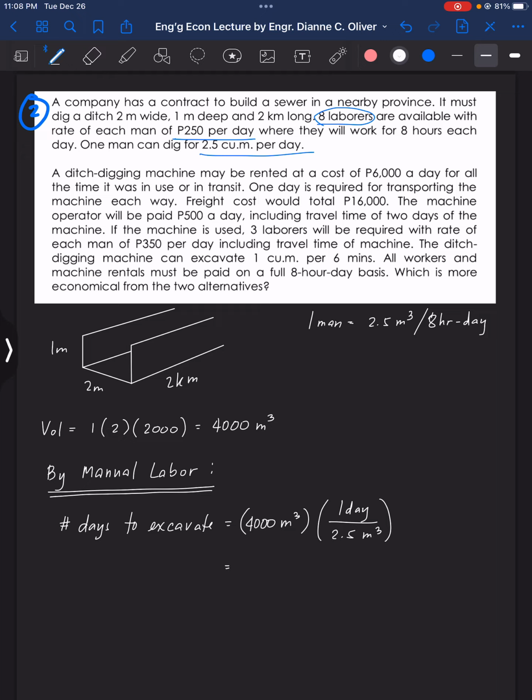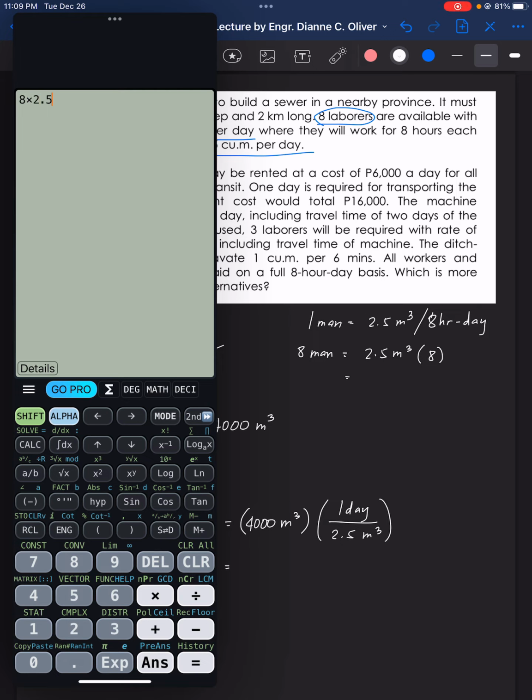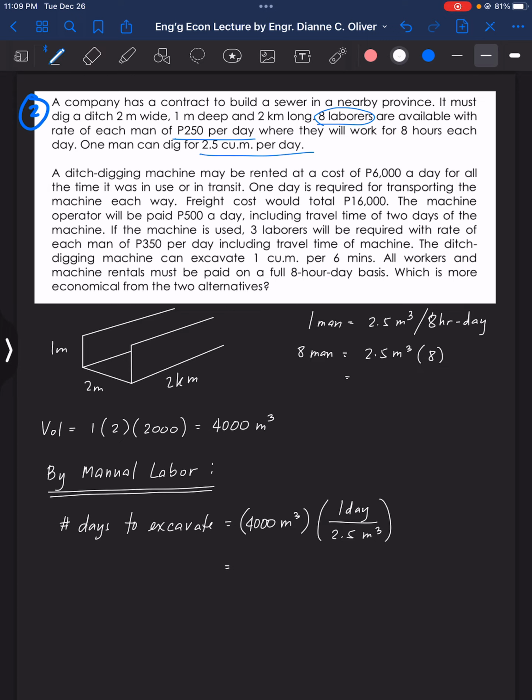So for 8 men, that will be 2.5 cubic meters times 8. So that will be equal to 20 cubic meters per day for the 8 men.